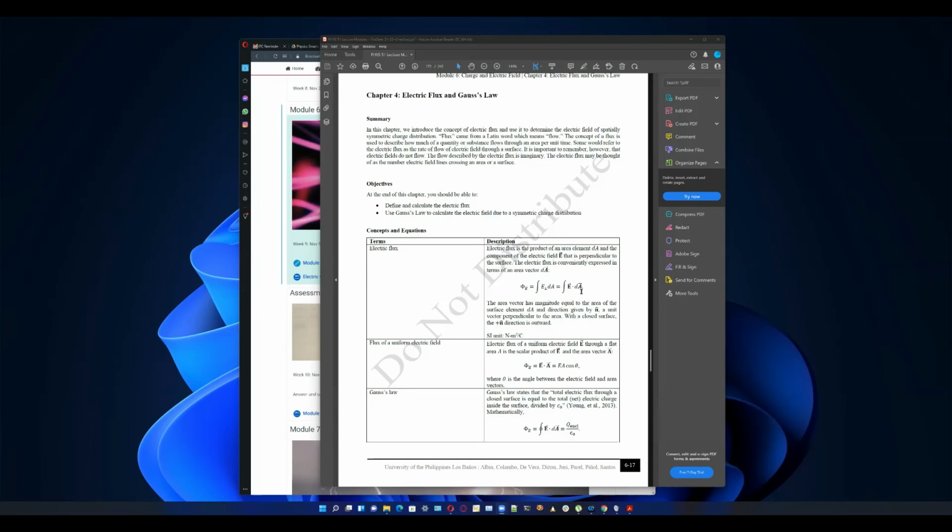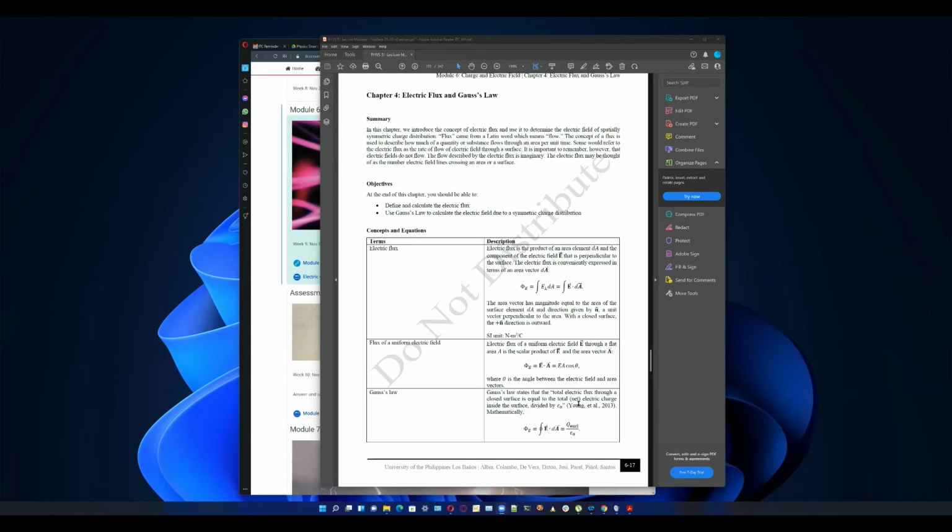Therefore, it is very easy to determine either your flux or your E. Then, when you use this charge over epsilon sub 0, you can easily determine it, because epsilon sub 0 is given, it's a constant, and you know the Q, the charge you're looking for. Okay? So you can compute it, because flux is this, and you can compute flux using the electric field and the area.